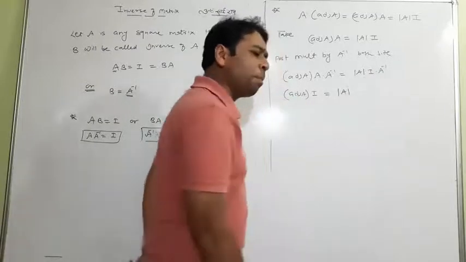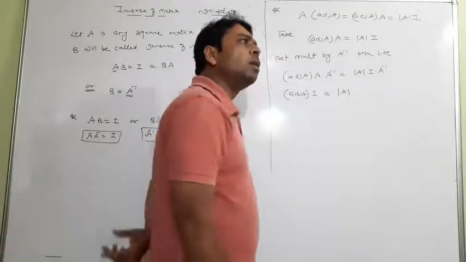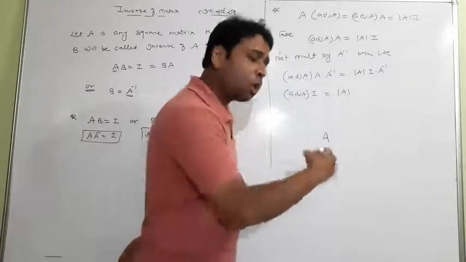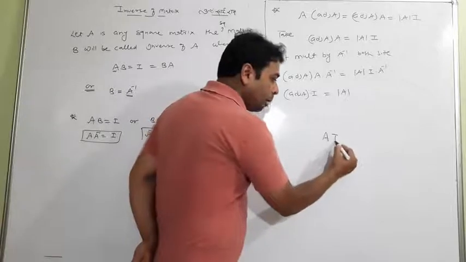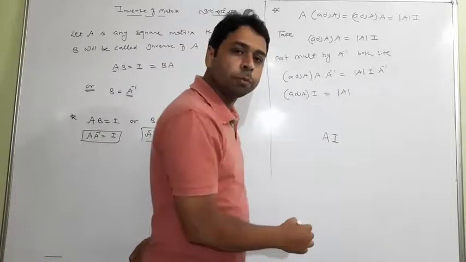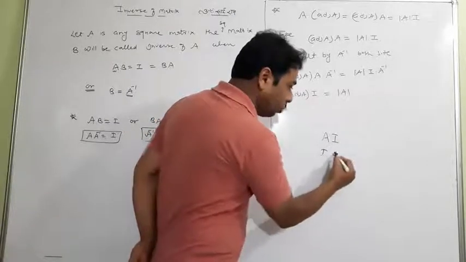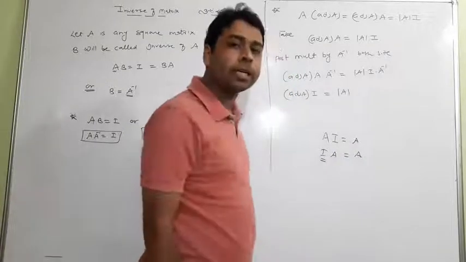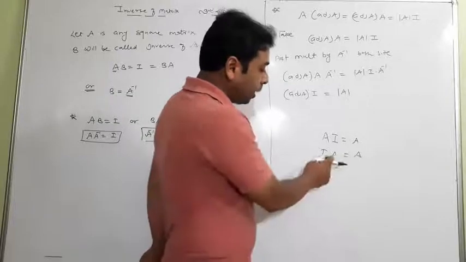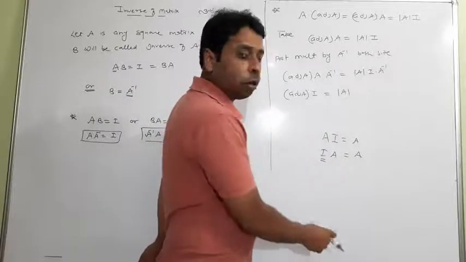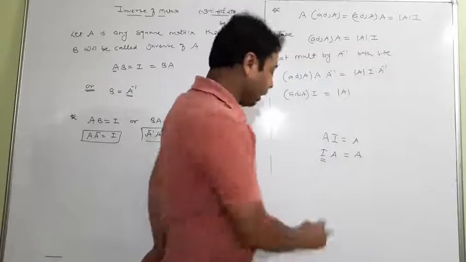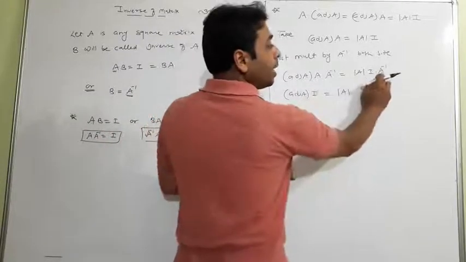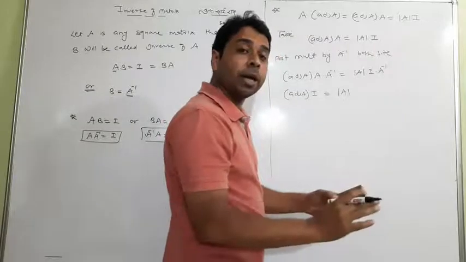It should be in your mind that for any matrix A, B or C, when you multiply by I, the unit matrix, or I into A, it always comes as A, because I is an identity matrix. When A is multiplied by I or I by A, it always gives A itself. Like here, A inverse is again a matrix.